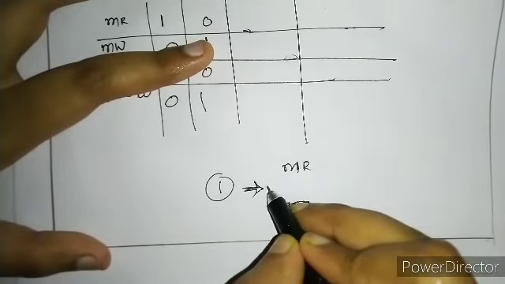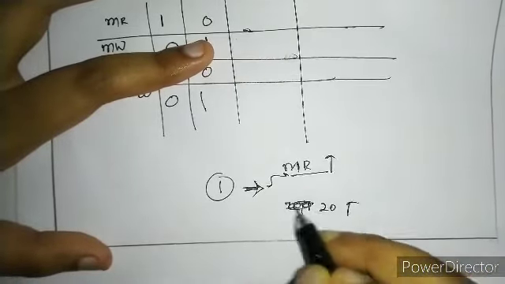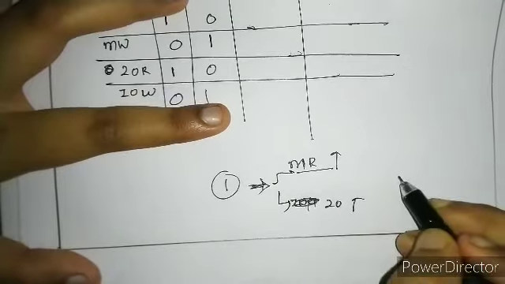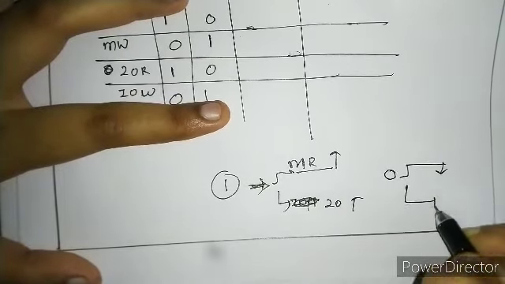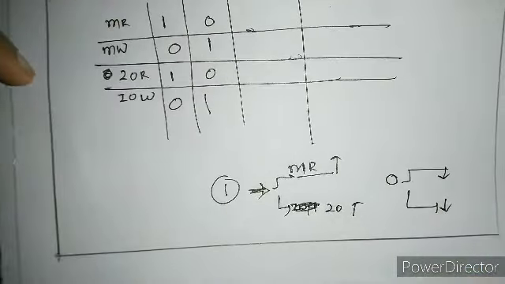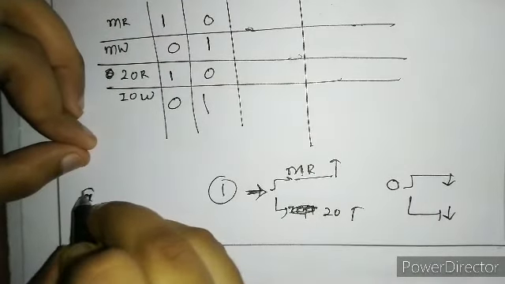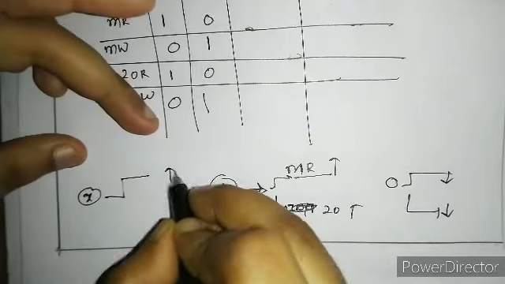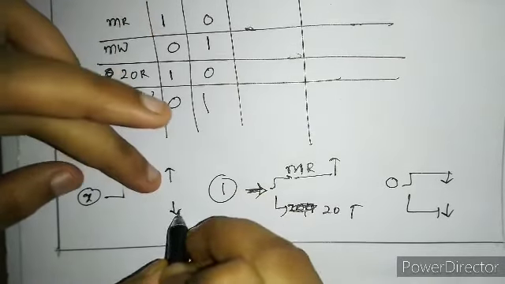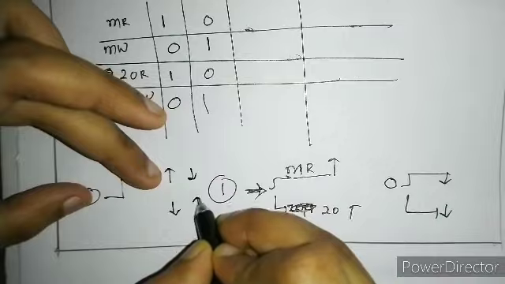If I produce 1, both of them will go high. If I produce 0, both of them will go low. But no, I want another solution. If I produce a signal, suppose X, I want MR to be high, then this one will stop. When MR stops, this will go high.